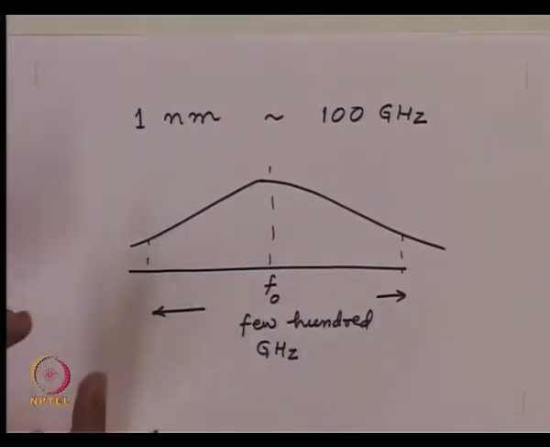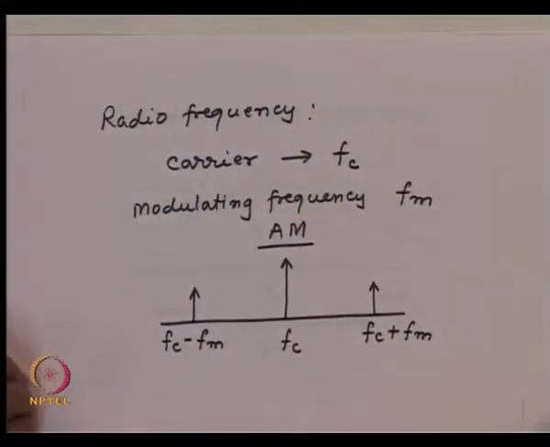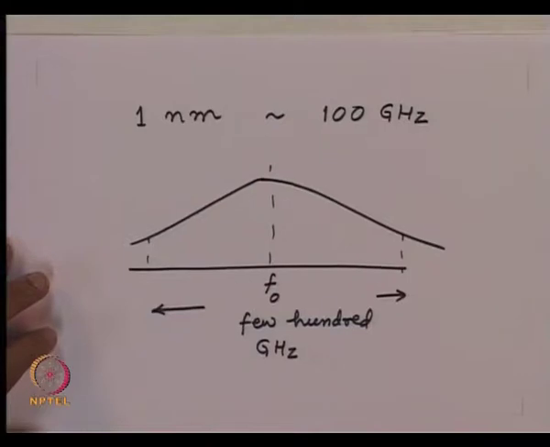So, now there is a fundamental difference between the way the optical carriers are modulated and the radio carriers are modulated. In the radio, the spectral width of the carrier is negligibly small compared to this frequency, which is fm. Whereas when we go to optical signals, the spectral width of the carrier is not only comparable, but will be much larger compared to the modulating signal.